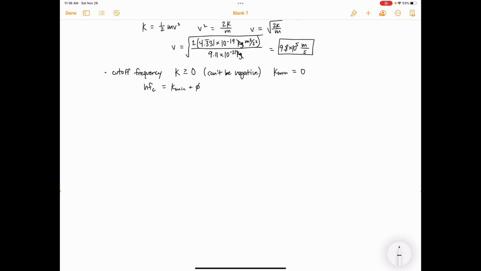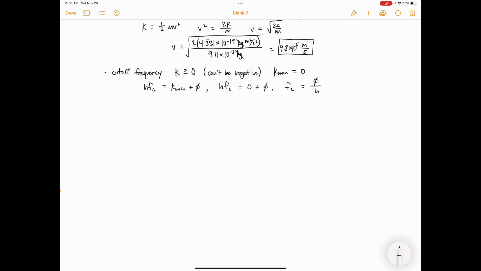And again, we're setting the kinetic energy minimum to 0, so we have h times fc is equal to 0 plus phi, which just means fc, our cutoff frequency, is equal to phi over h. So it's just the work function divided by Planck's constant.